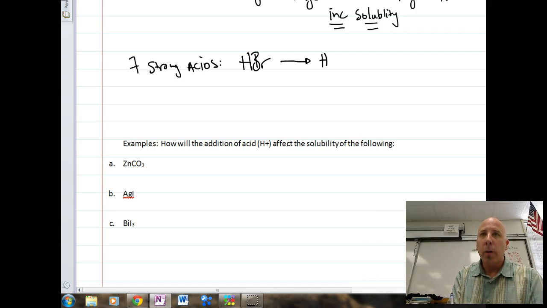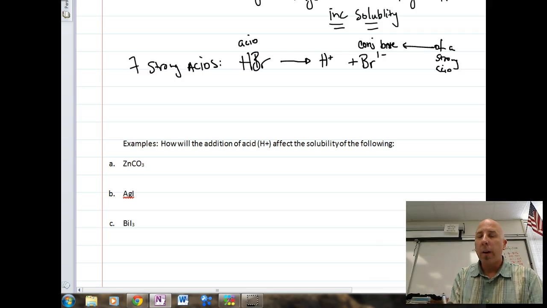It's going to ionize 100% of the way to the hydrogen ion plus the bromide ion. We would say that the hydrogen ion is our acid, and the bromide ion would be the conjugate base. Now, the important thing to remember, and this is a review, is that this is the conjugate base of a strong acid. We talked about this before.